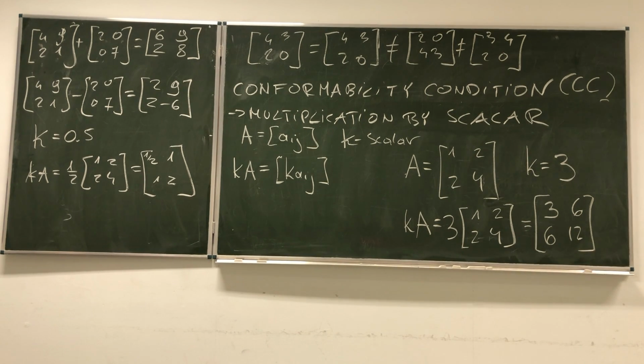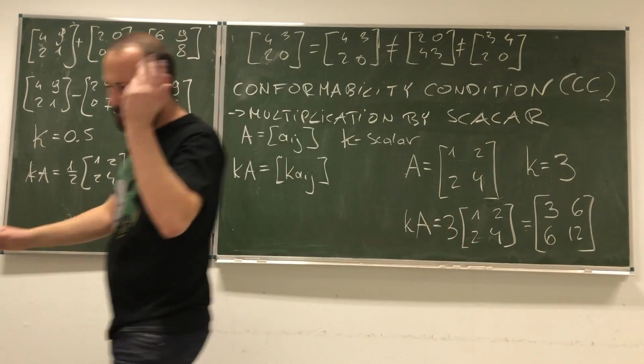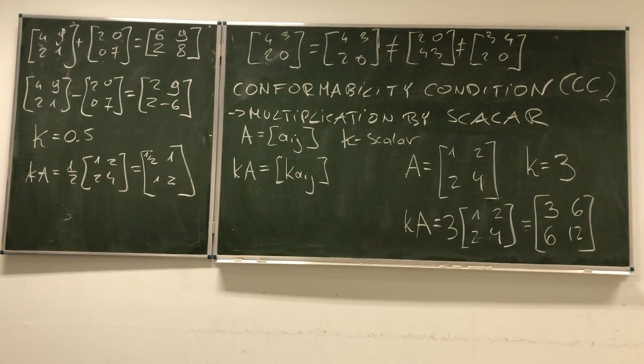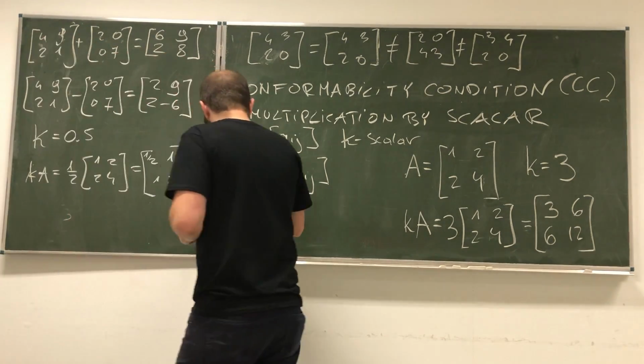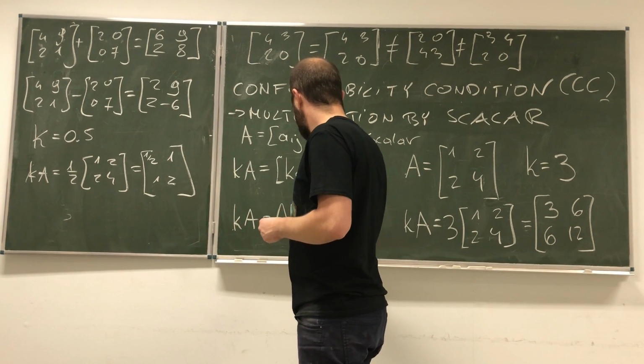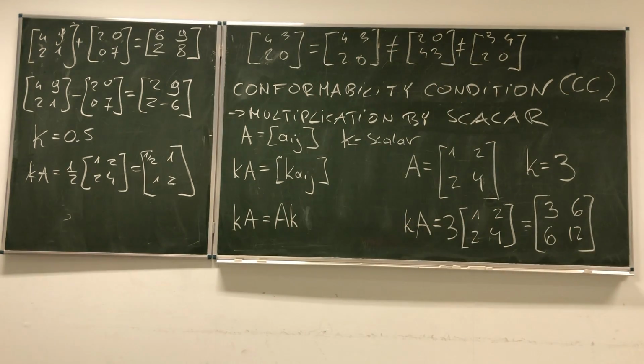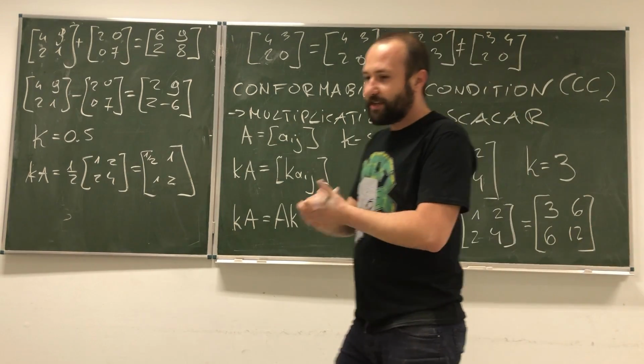We can either scale everything up or scale everything down. And a very important thing: it doesn't really matter, and again, this is something we will be discussing in the future, from which side you are multiplying a matrix by a scalar.